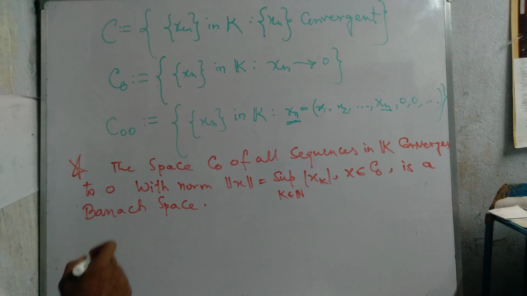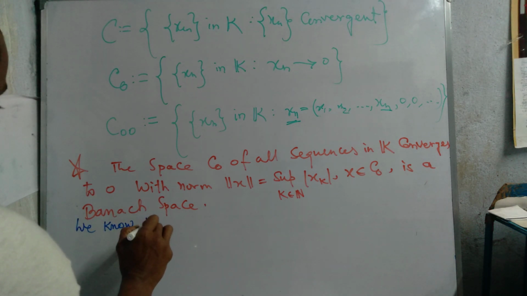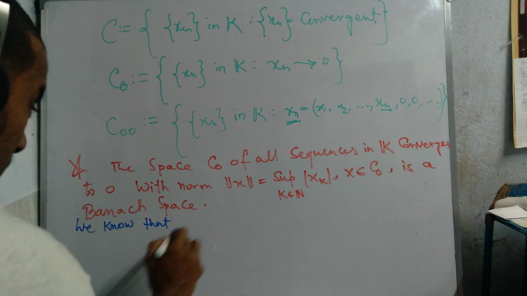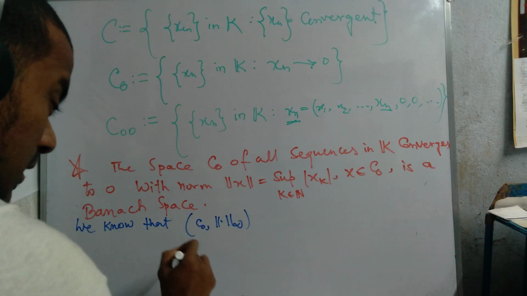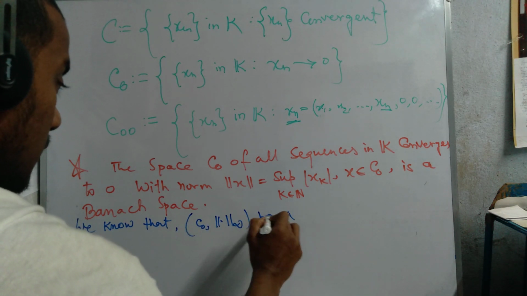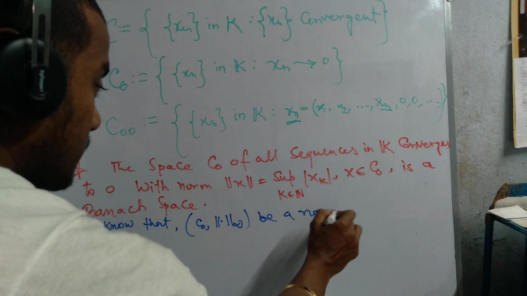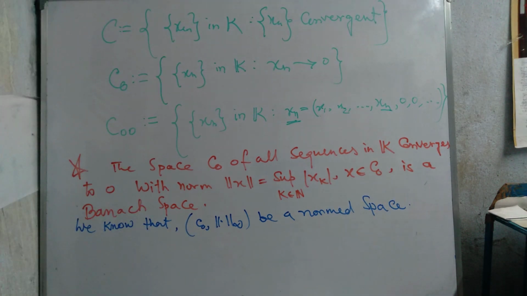Now start from that. We know that C0 with norm infinity is a normed space.